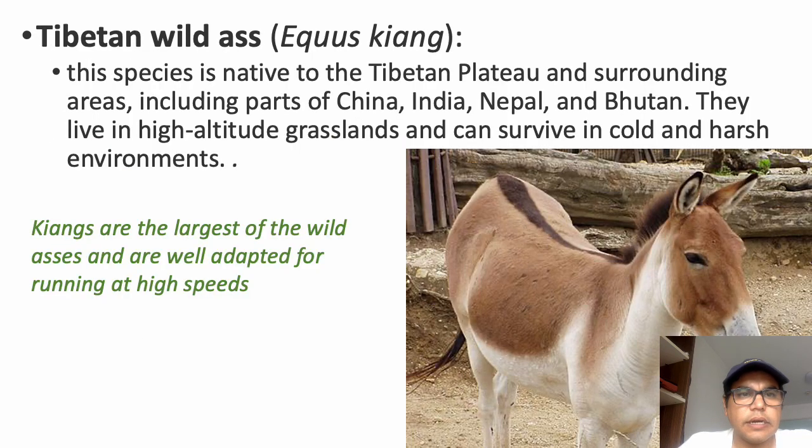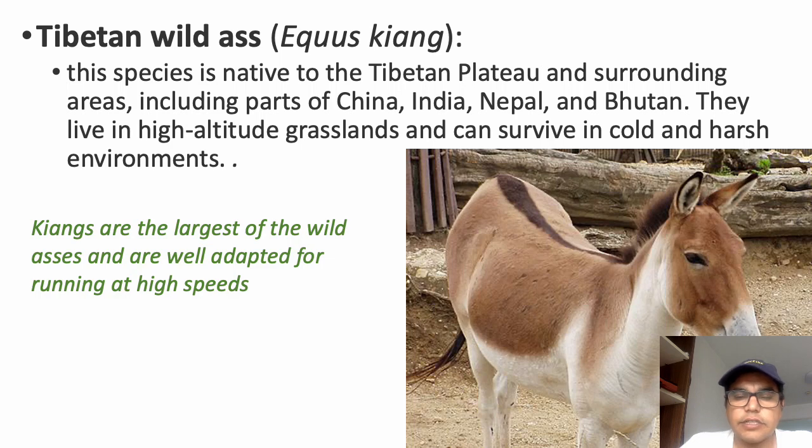The Tibetan wild ass has a scientific name, Equus kiang. As the name indicates, it originated from the Tibetan plateau, but is also found in India, Nepal, and Bhutan.